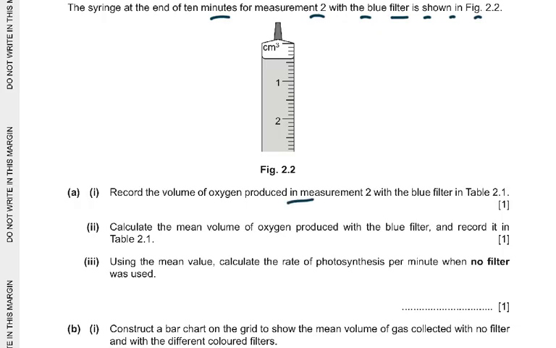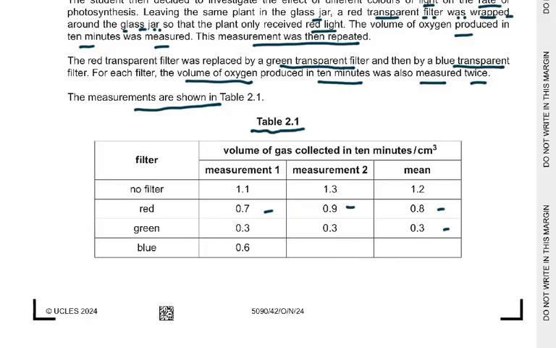Record the volume of oxygen produced in measurement 2 with a blue filter in table 2.1. You can see this is 0.4 because this is 1. This is 1, so you divide it into 10 and then you see that it is 0.4. So we had to write that here, which is 0.4.